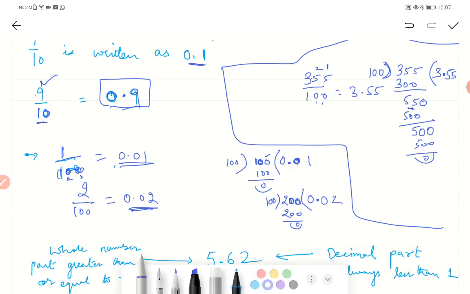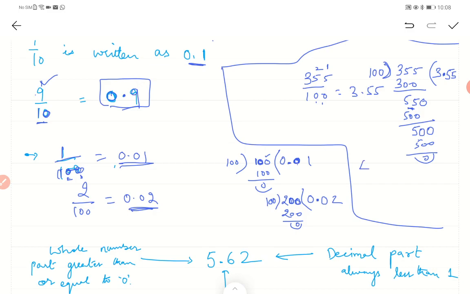Alright, now tell me if I take something like this. I have 4125 divided by 100. Directly you can tell me. You can either go by division, okay, but for multiples of 10 it's very easy. You can directly put it.